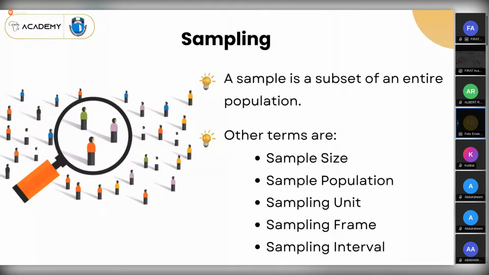The moment you do that, you had already taken a sample, because that 100 is not 1,000, but only a subset of the entire population, which is the 1,000. All right. So sometimes you can hear other terms like the sample size, sample population, sampling unit, sampling frame, sampling interval. So sometimes people interchangeably use these other terms, but sampling is usually the universally used word.